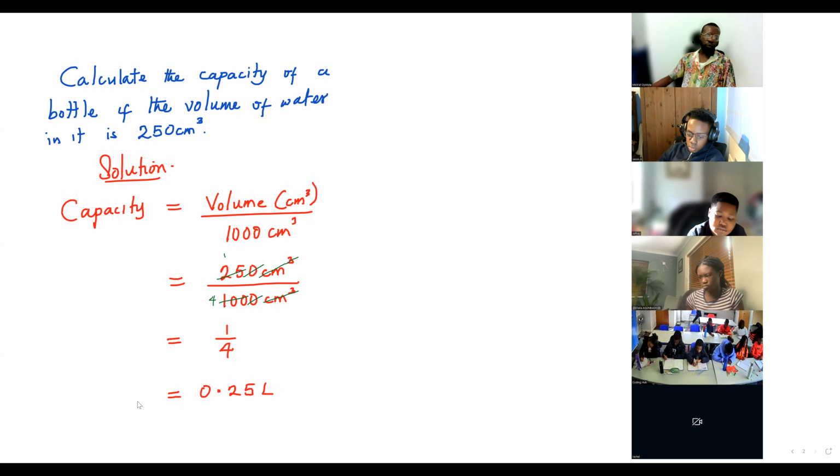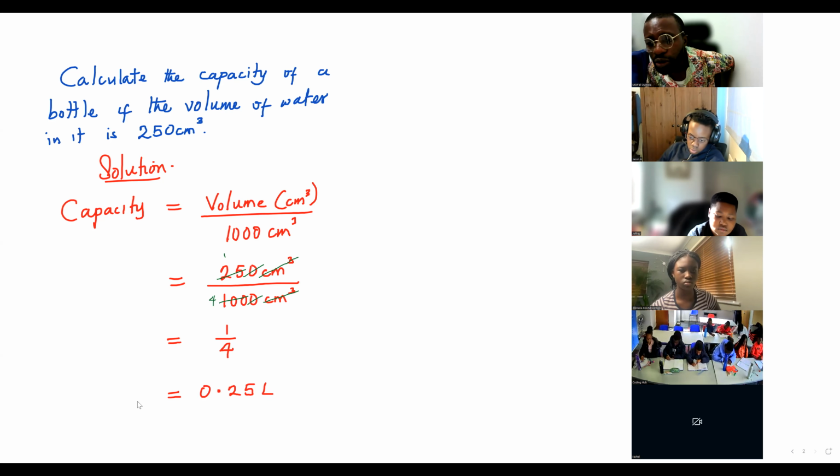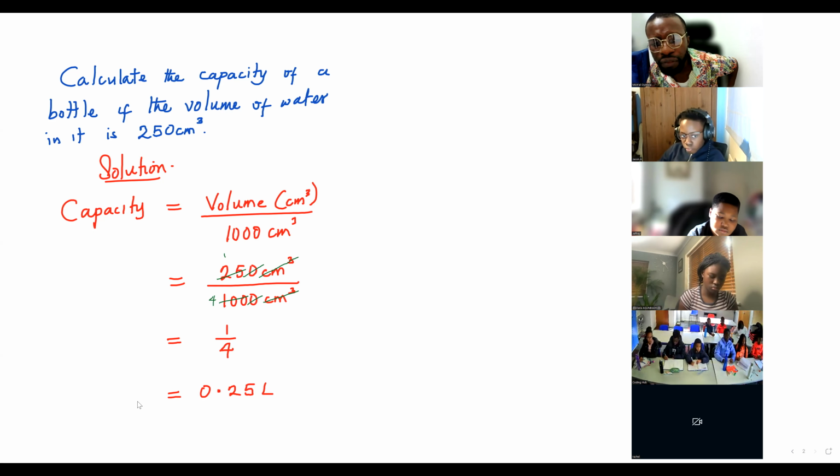So if you want to know the capacity of any container, all you have to do is divide the volume of that container by 1,000.